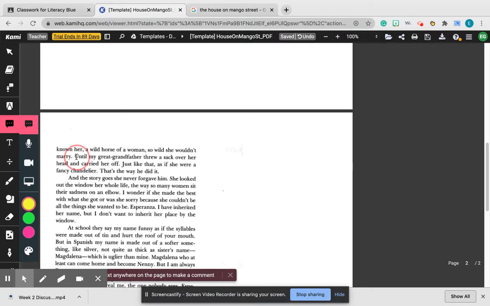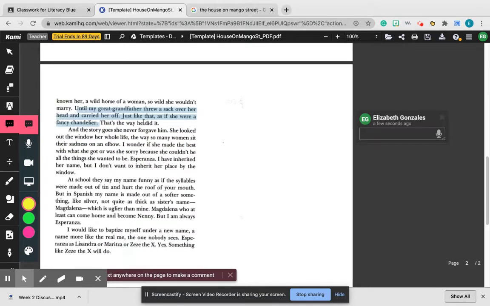So this sounds really intense, right? It sounds like he's kidnapping her. And he doesn't really actually kidnap her. What Esperanza's point is saying is that her grandmother didn't have a choice in her marriage. She kind of was just expected. This was what was expected of her.